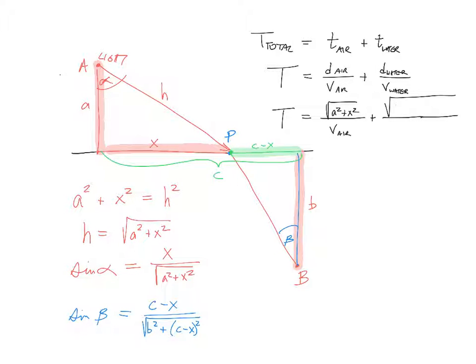So all I'm doing now is taking the lengths of the hypotenuse for each part, and right now the only variable here is x.